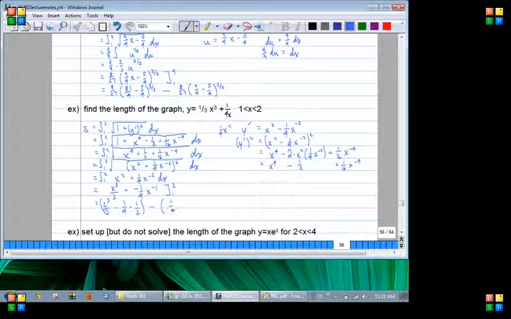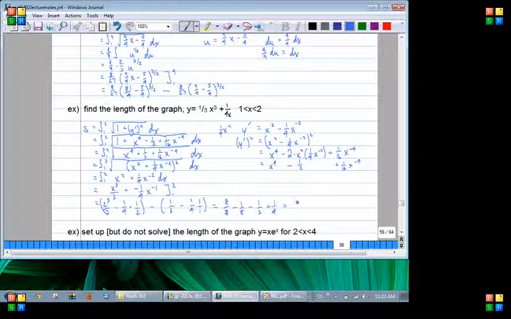Minus 1 cubed over 3 minus 1 quarter. Well, 1 to the negative 1 is just 1 over 1. Not very interesting. So you get 8/3 minus an eighth, and then minus 1/3 plus 1 quarter if you distribute the negative. We've got to work that all out.